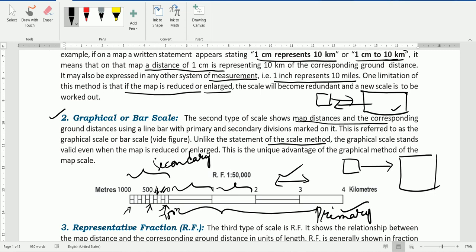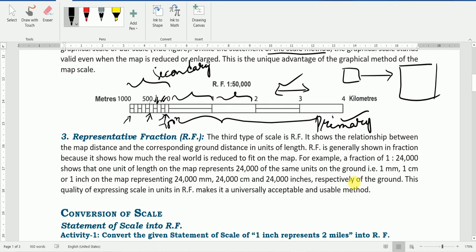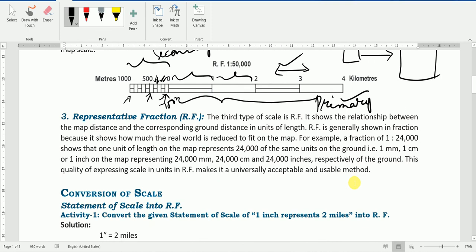And next, we have the third method of representing map scale, or the third type of map scale, that is the representative fraction, RF. This RF shows the relationship between the map distance and the corresponding ground distance in units of length.